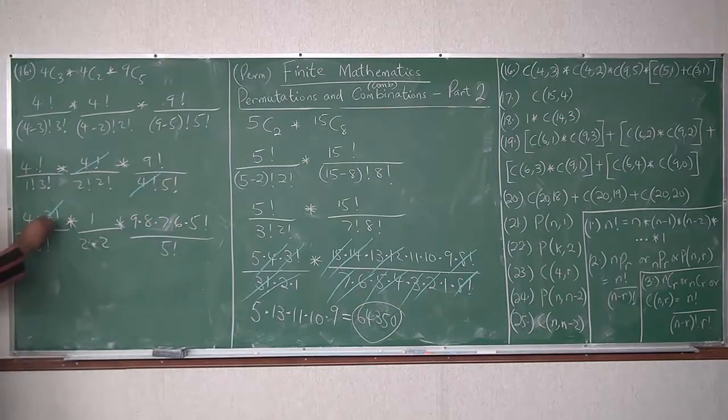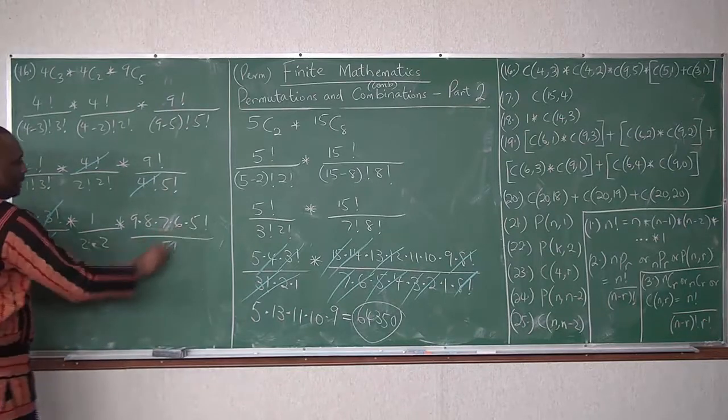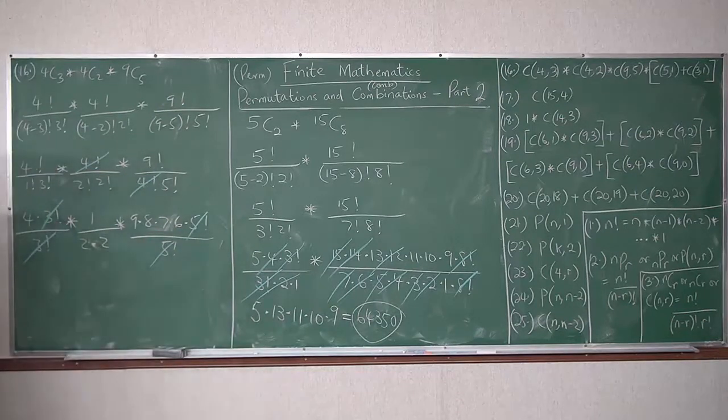Bam, that's gone. 2 times 2 is 4, so we can now cross out the 4. Remember the 3 factorial has crossed out. So what we have now is 9 times 8 times 7 times 6.